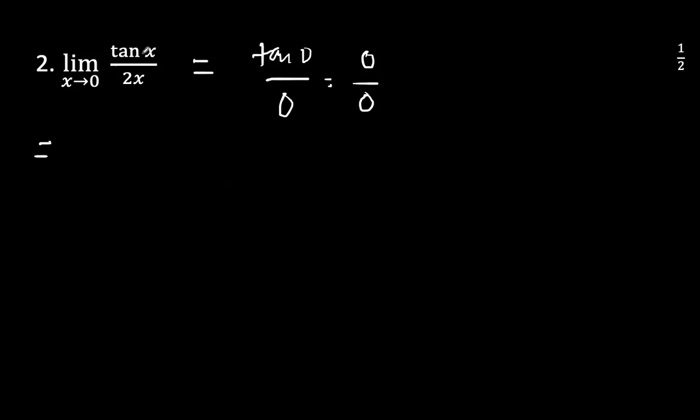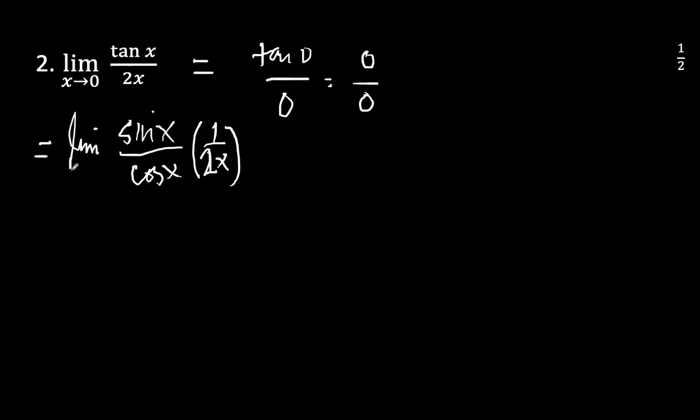So what do we need to do? Let's express tangent x in terms of sine and cosine. This becomes the limit of sine x over cosine x times 1 over 2x as x approaches 0.